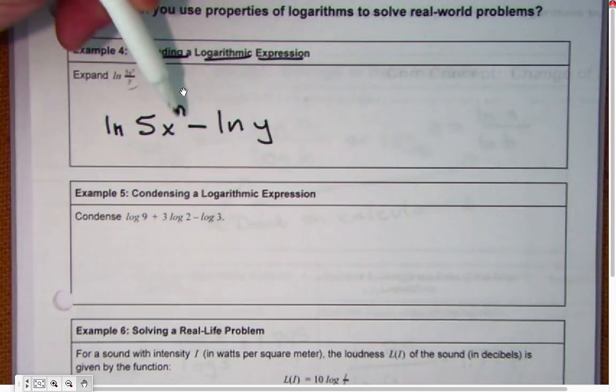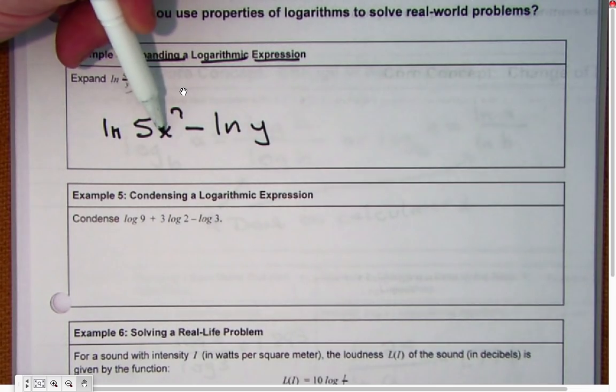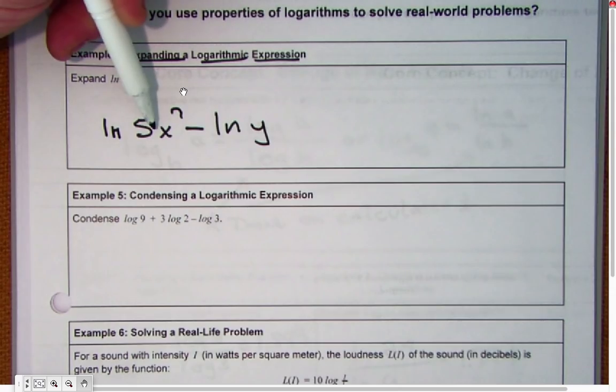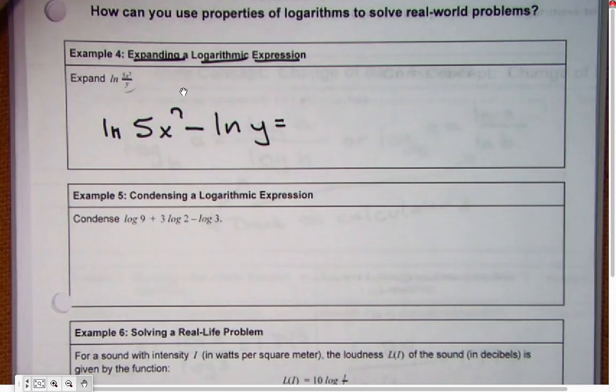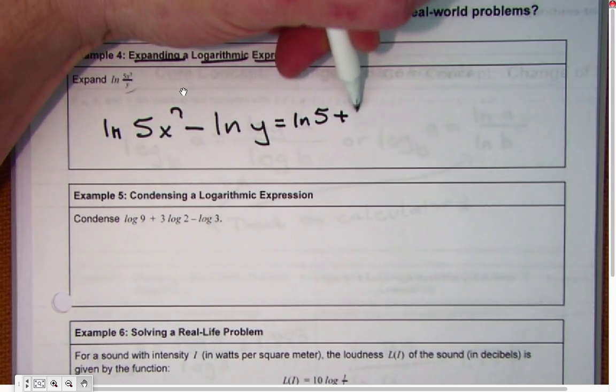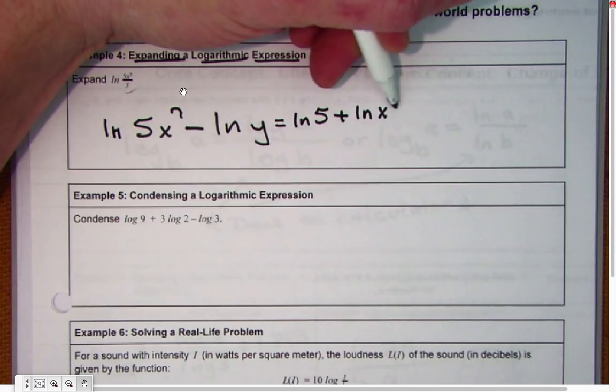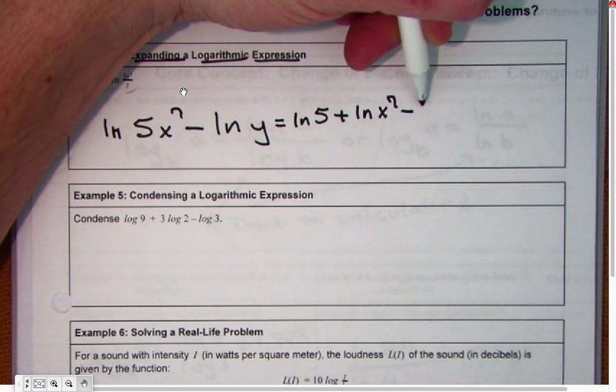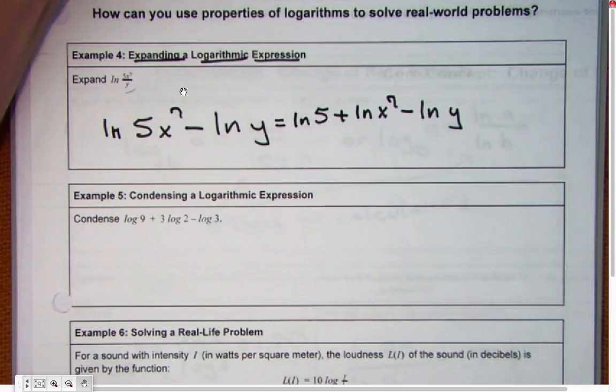Since this is 5 times x to the 7th, I have to separate the 5 and the x to the 7th. And since it's a multiplication, I'll separate it by an addition. So I'm going to take the natural log of 5 plus the natural log of x to the 7th, and then keep my natural log of y.